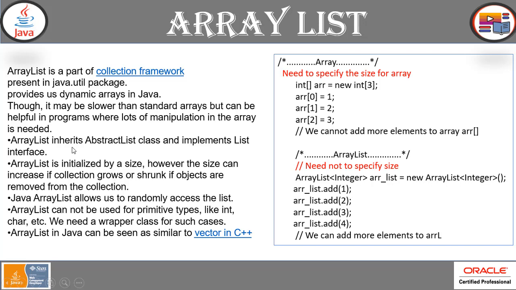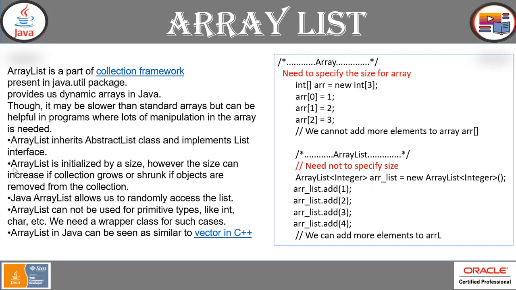Now ArrayList inherits the AbstractList class and implements the List interface. So there are many ways you can define and declare the ArrayList object in your application. ArrayList is initialized by size. However, the size can increase if the collection grows or shrink if objects are removed from the collection.